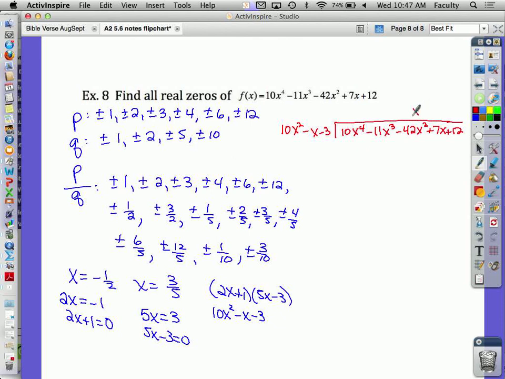Alright, so I need to multiply by x squared, so I get 10x to the 4th minus x cubed minus 3x squared. I'm going to take the opposite and add, so I get negative 10x cubed minus 39x squared, and bring down the other two terms. Then I need to multiply by a negative x.